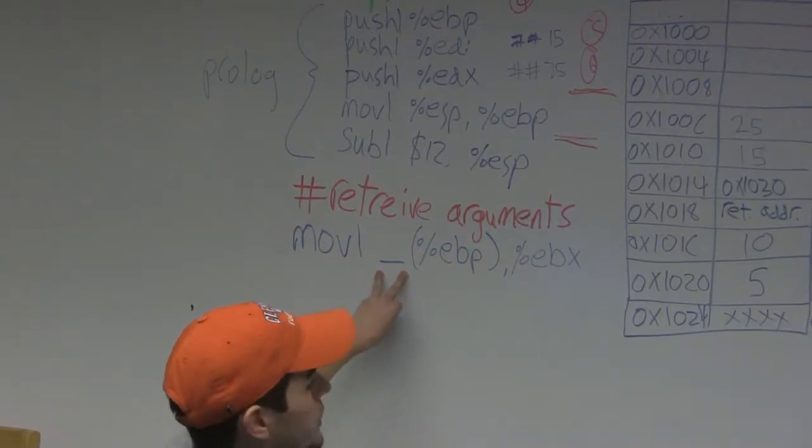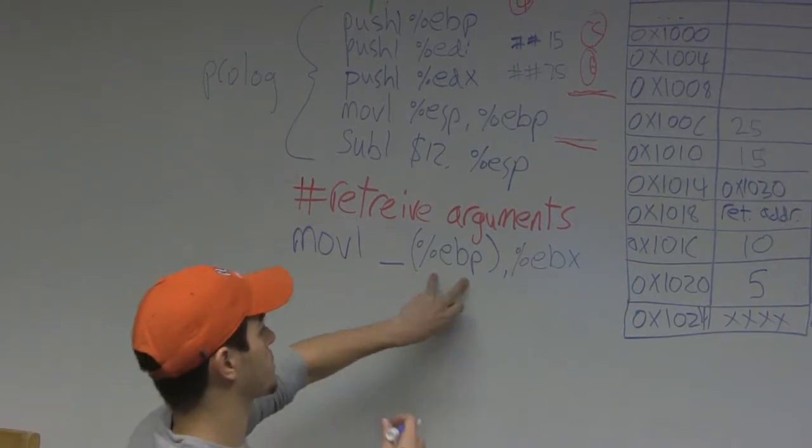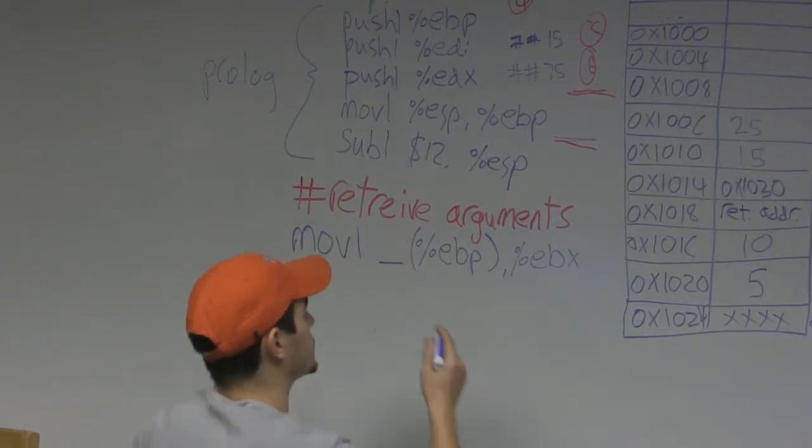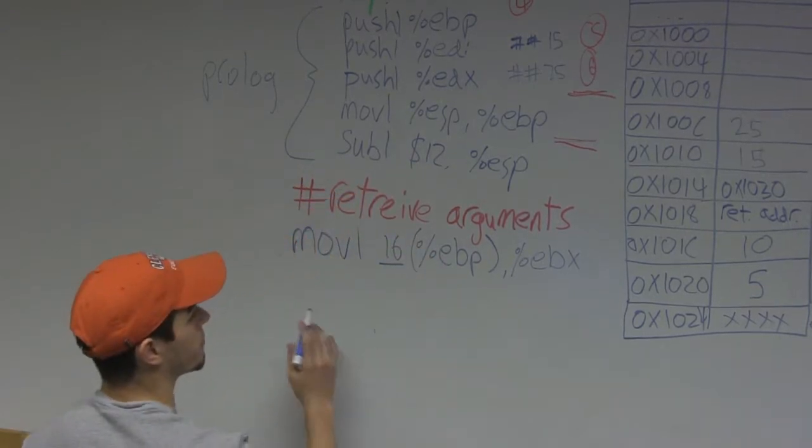Filling in this blank will be the number of bytes offset from this base pointer to get there. So as we just said, 16 to retrieve that first argument.